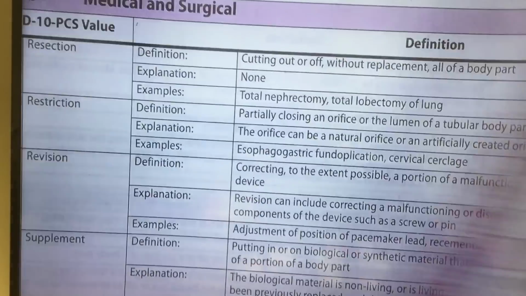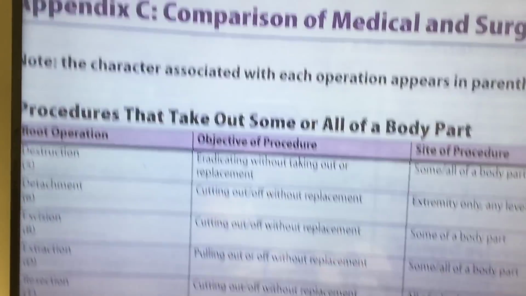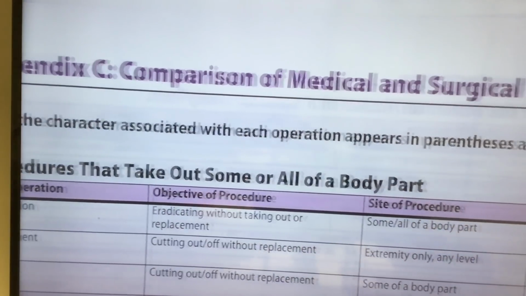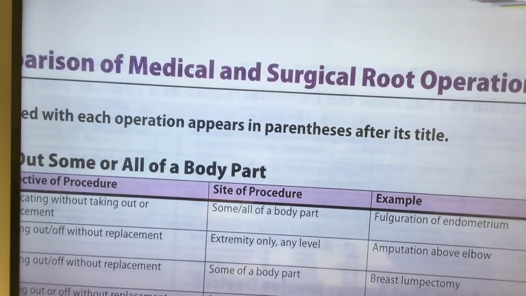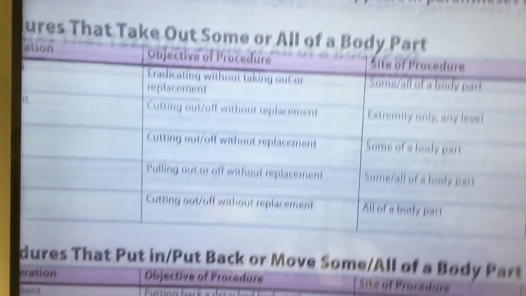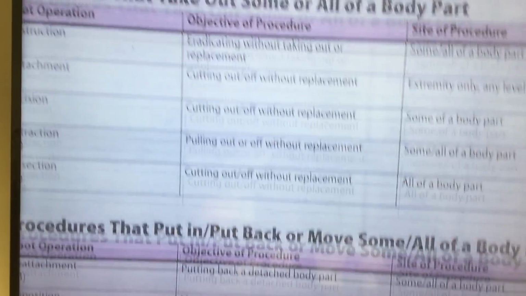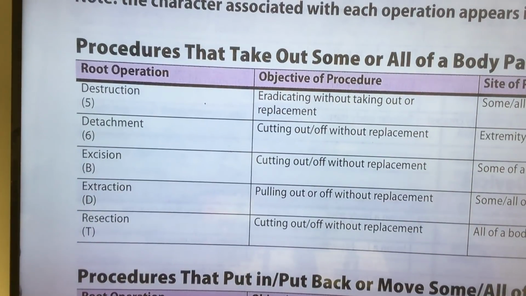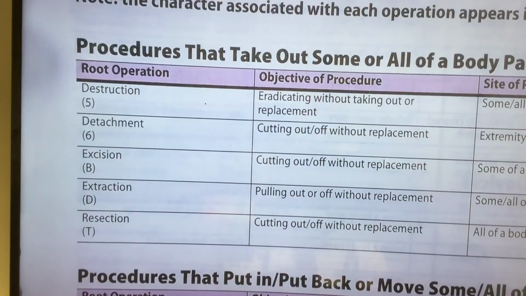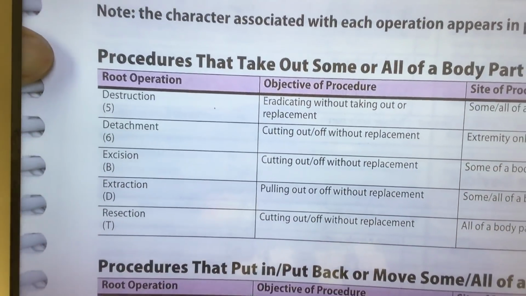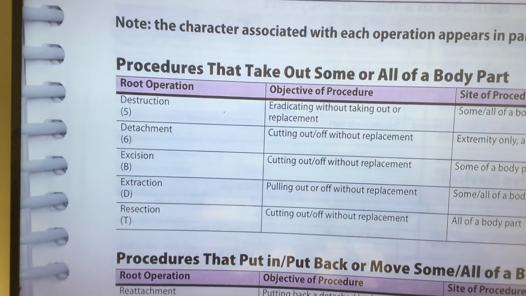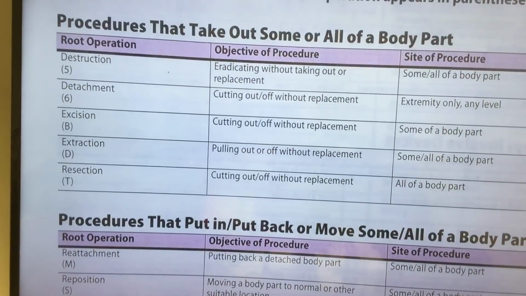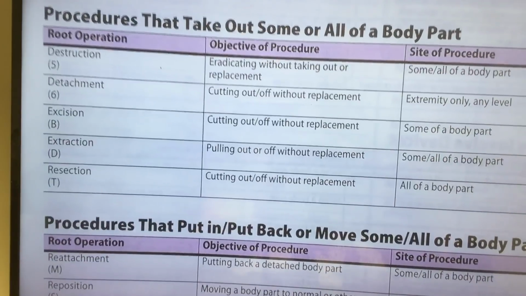Okay, after that, we're going to go to Appendix C. And Appendix C gives you a comparison of the medical and surgical root operations. So remember I mentioned in a previous video that the root operations were divided into groups, and there were a total of 9 groups. So here in Appendix C, you get your different root operations divided by the different groups. And what I like about this, let's get up close and personal with this, okay?